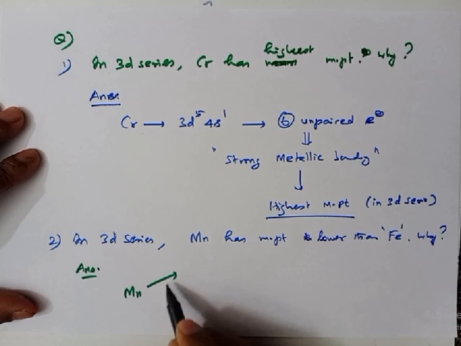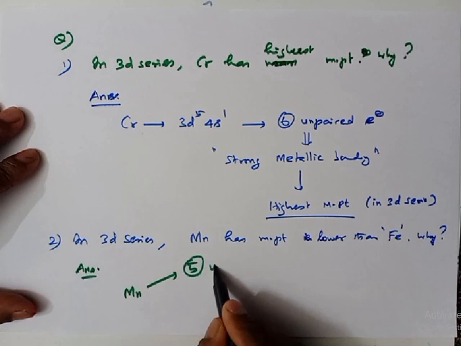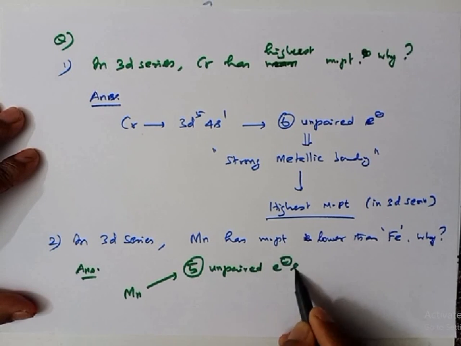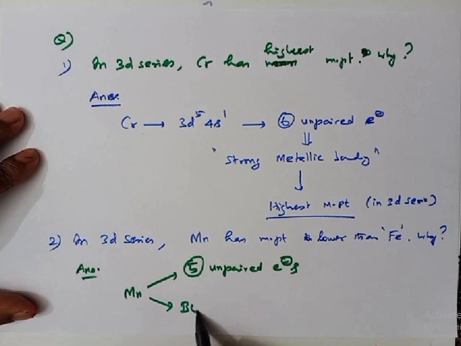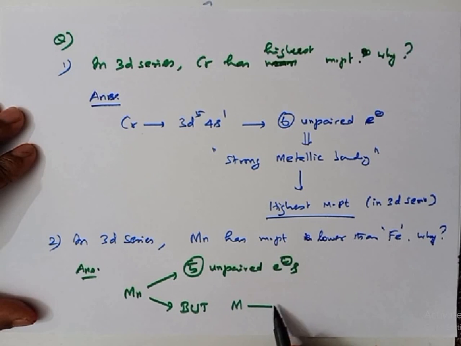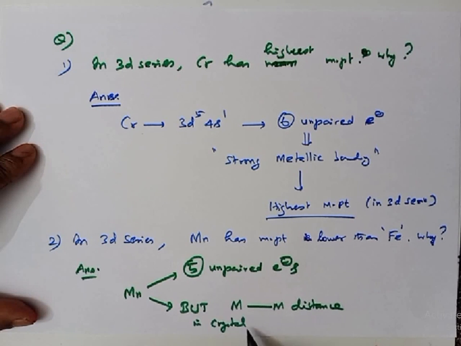The answer is this. Manganese has 5 unpaired electrons, but the metal distance in the crystal is large.